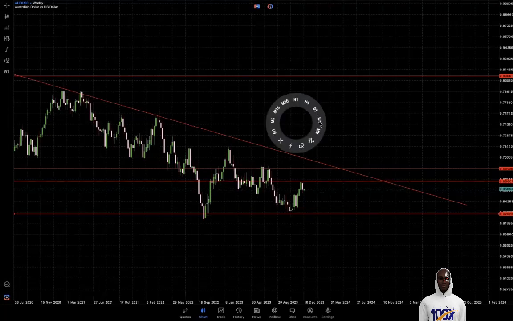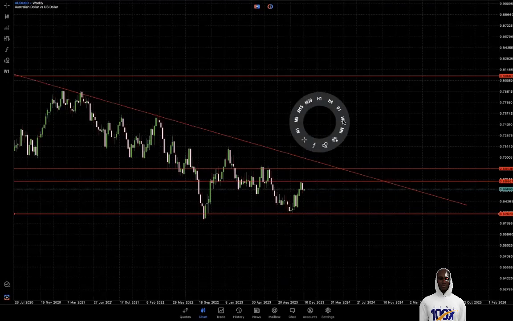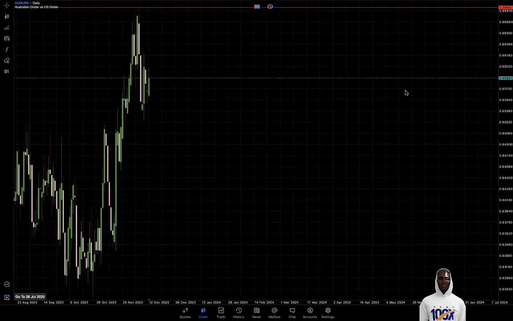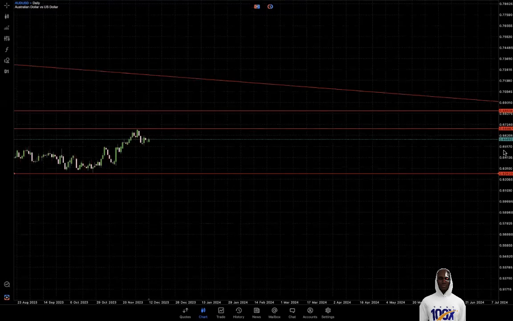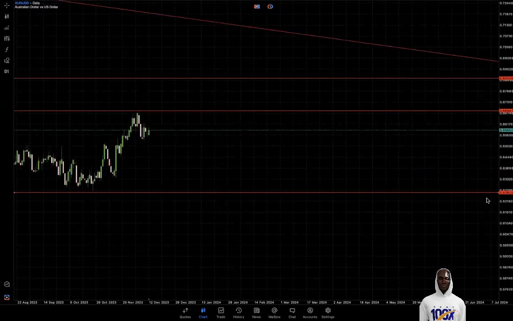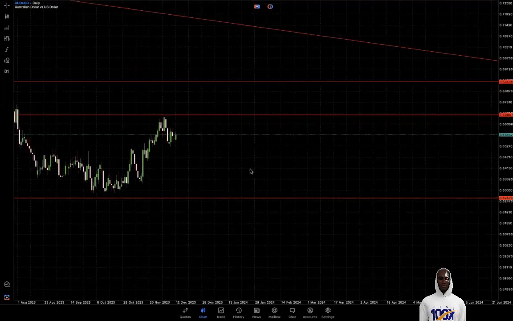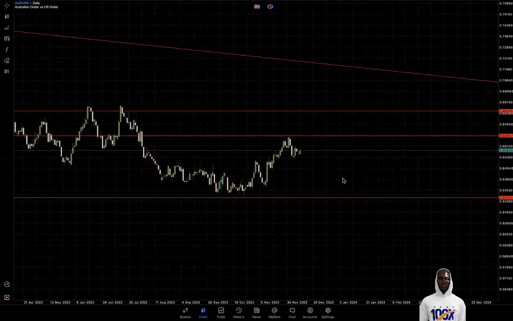So from the weekly time frame, we'll go to the daily time frame. On this time frame, we are able to see more clearly what is obtainable in the market.